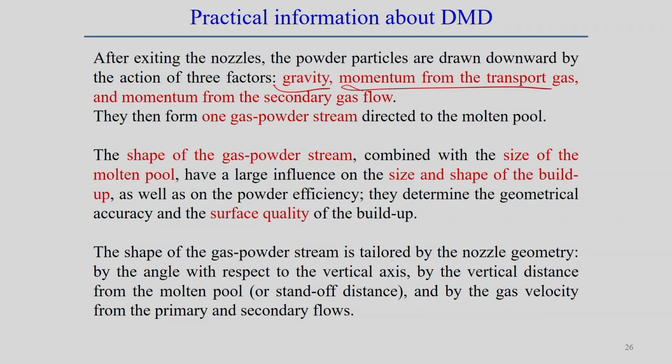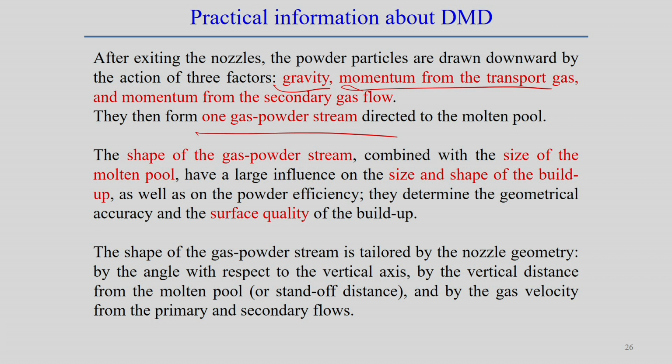So, therefore, actually one gas stream is directed to the molten pool, that one gas stream, along with the powder, and the shielding gas just protects the molten pool. Of course, the momentum from the shielding gas also influences the surface roughness produced, that we will be able to know after the solidification of this particular zone.